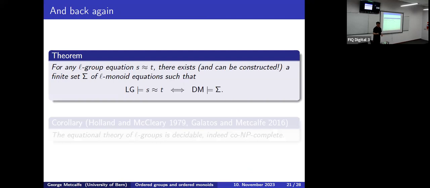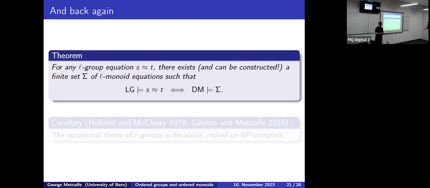So I claim, and I won't give a proof of this, but I'll give an example of how the proof works. Take some L group equation, S equals T, then there exists and can be constructed, which is very important for this, a finite set of equations without inverses, so L monoid equations, such that your equation S equals T holds in all L groups, if and only if this sigma holds in all distributive L monoids, right?